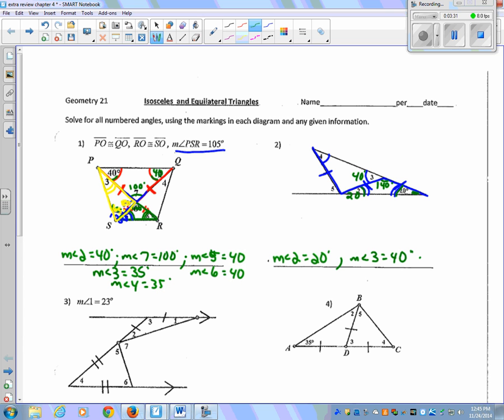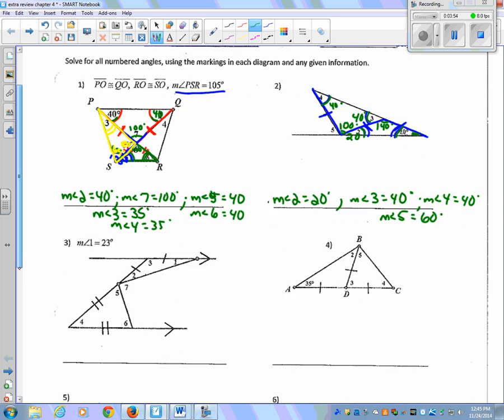Then angle 4 has to be 40 degrees also because of the isosceles triangle theorem. These two angles are congruent. And since those are both 40, that makes 80, which leaves 100 degrees for this angle here. That's 120, which makes the measure of angle 5 60 degrees.